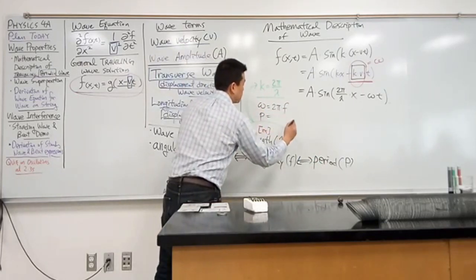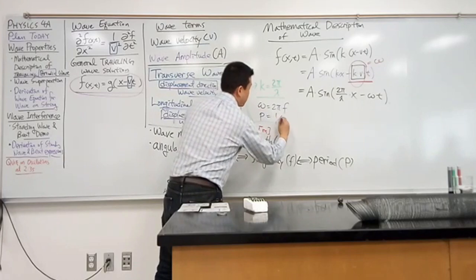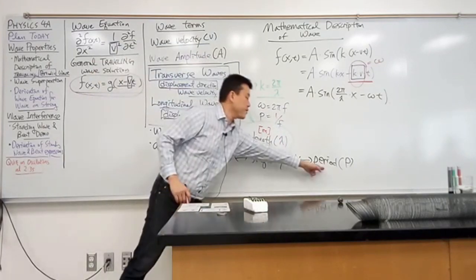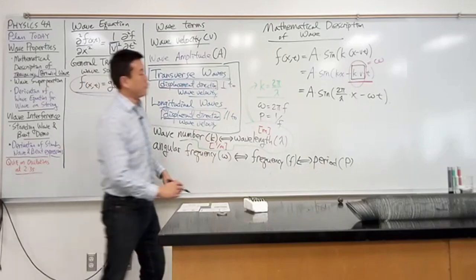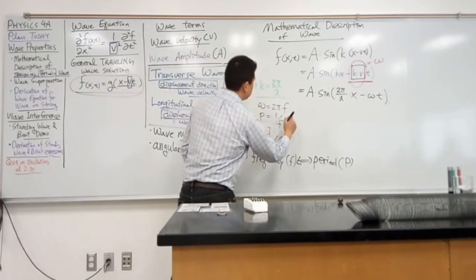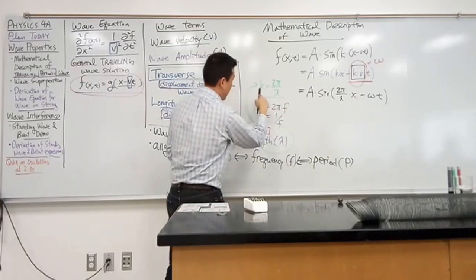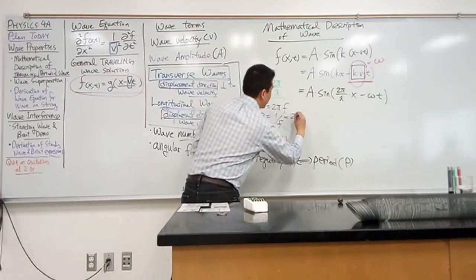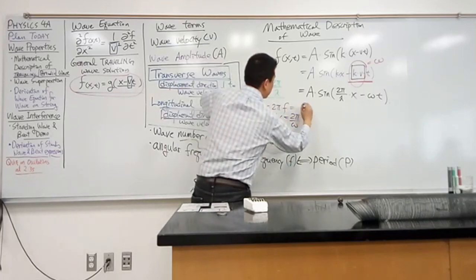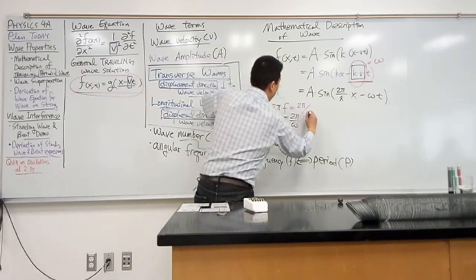Period is equal to 1 over frequency. So if I want to relate period all the way to angular frequency, f is equal to omega over 2 pi, so period will be 2 pi over omega. Or another way to say it is omega is equal to 2 pi over period.